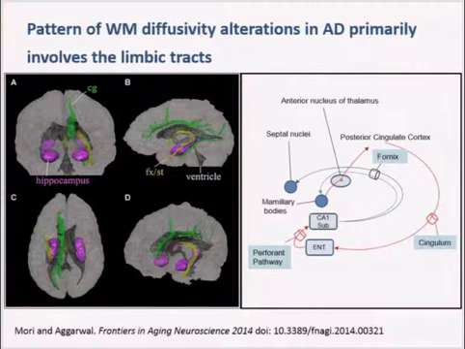Now, I would like to focus on these limbic connections that we found to associate with preclinical Alzheimer's disease. And in this nice atlas that was developed by Mori and Agarwal, which consisted of tractography measurements that are overlaid on a template, and then an atlas was created from that template to be used in detecting the diffusion changes in individual subjects.